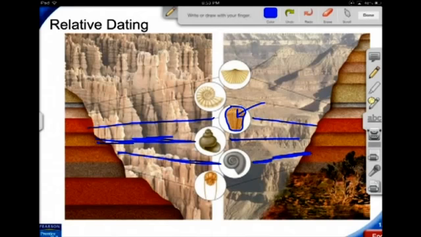And as the shells become more and more complex, our shelled organisms change. Point is, in a relative order, these should be some of our youngest fossils, and our oldest would be found a lot deeper.